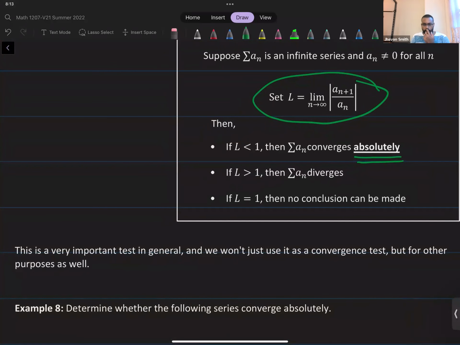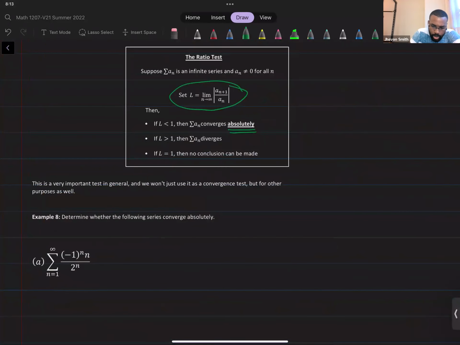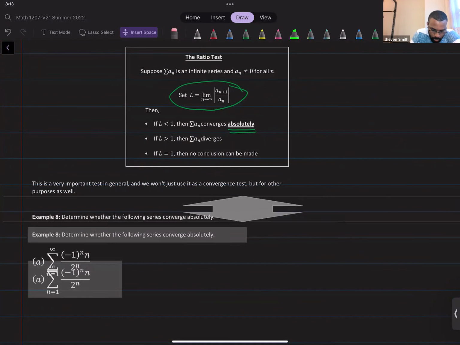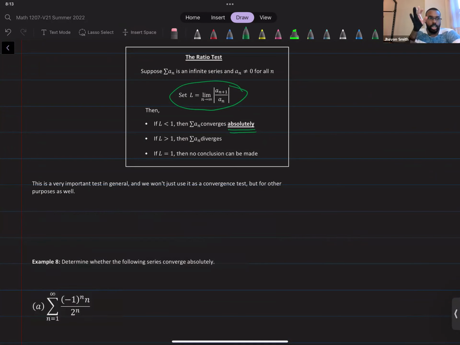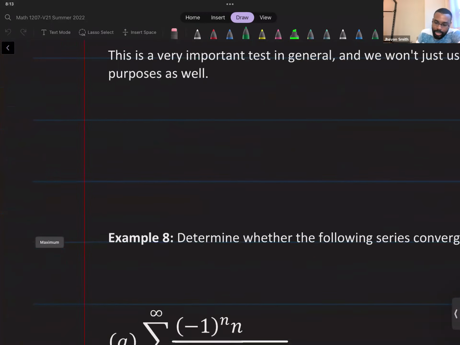This is a very important test in general. I will make an extra remark here: it doesn't need a special form to work, but there's a form where we know it won't work, so don't even think about trying it. It's a very common kind of function.